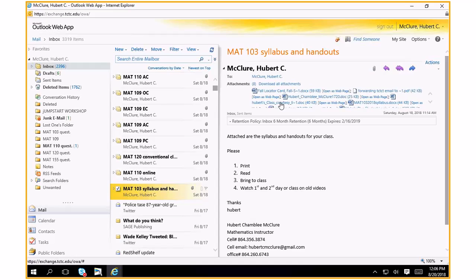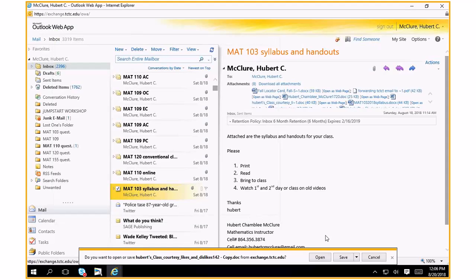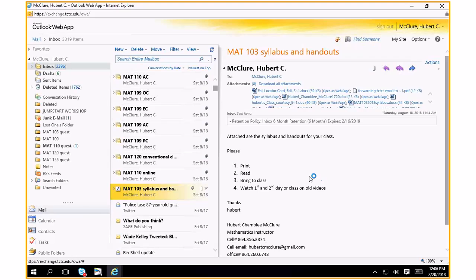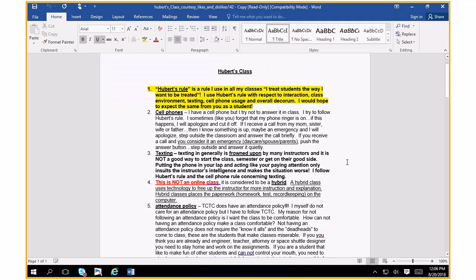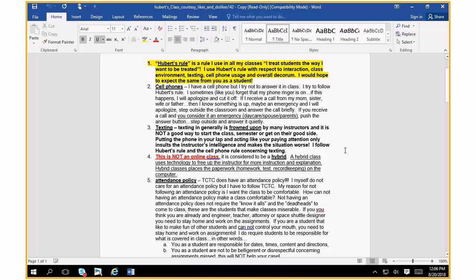Class courtesy. Number one rule, I treat students the way that I want to be treated. That's not only for the classroom, that's pretty much everything. Okay?